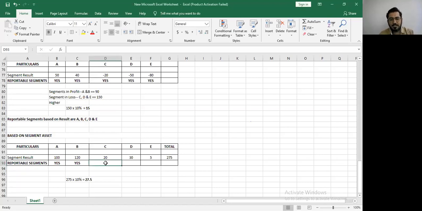What about segment C? Is separate disclosure required for segment C? Not required. You need 27.5, you have only 20. So separate disclosures not required. What about D? Are separate disclosures required for segment D?